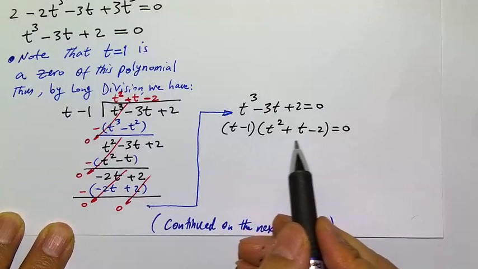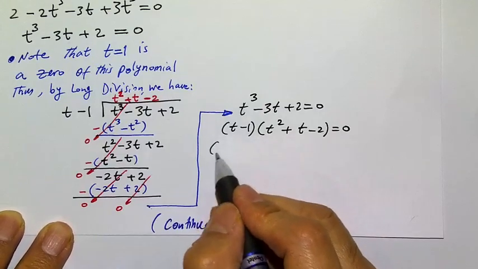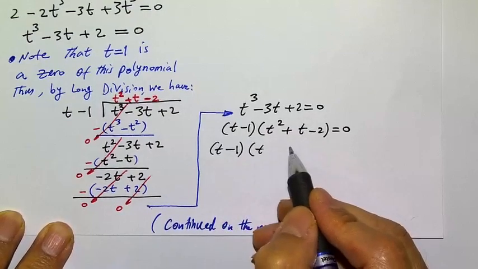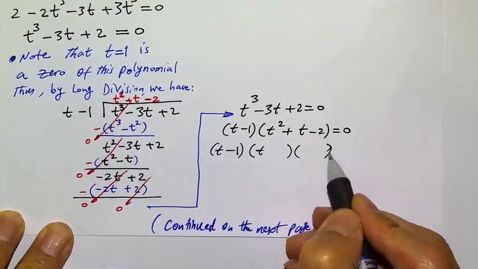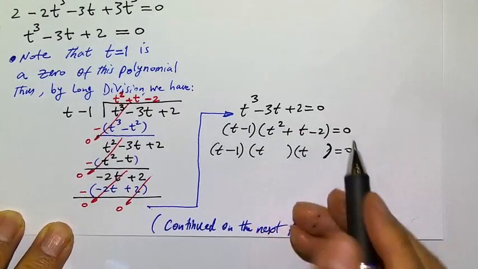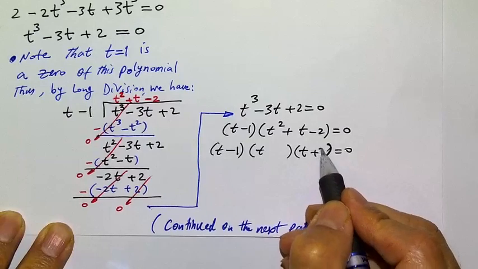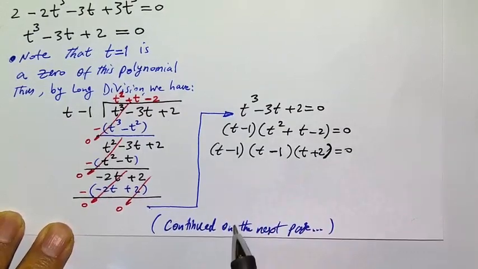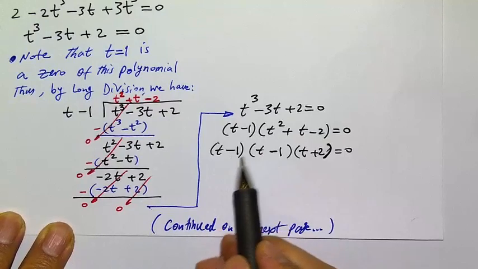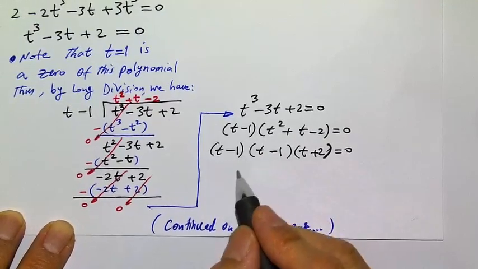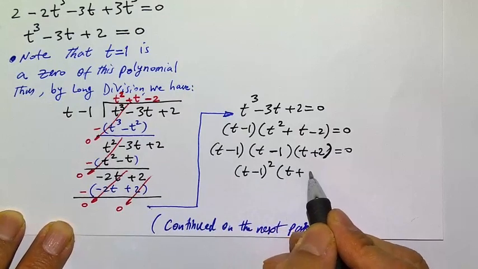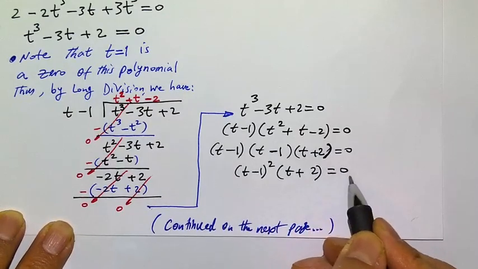But we can factor this quadratic equation easily, so let's do that. T minus 1 times t, oops. So we have t and t here, and then plus 2 and minus 1 here, right? So then we have t minus 1, so we can combine these two. T minus 1 squared times t plus 2 equals 0.